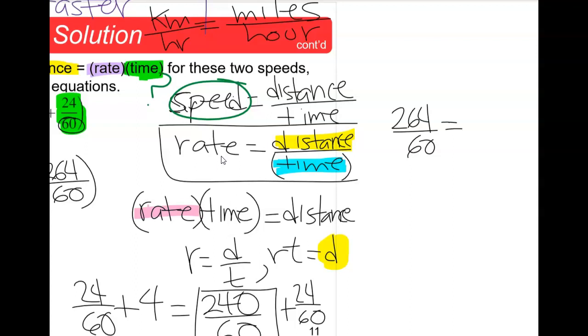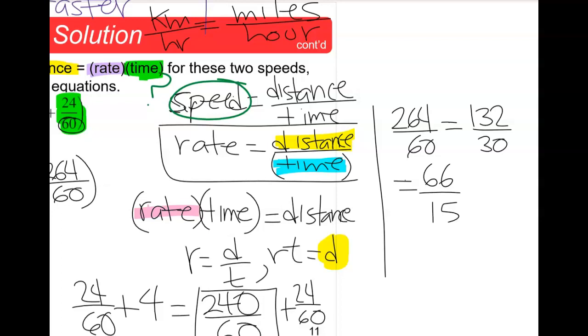So let's do that. Well, let's just divide by 2. So 264 divided by 2 will be 132. 60 divided by 2 is 30. And you see we could divide again. So 132 divided by 2 is 66, and then 30 divided by 2 is 15.